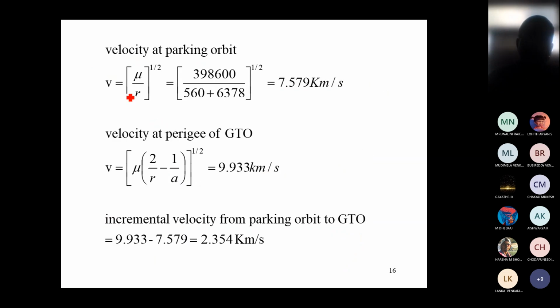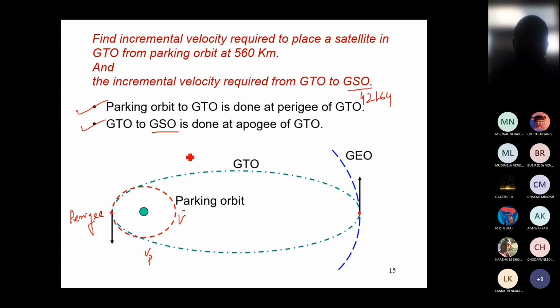When the satellite was moving in parking orbit, we can use the third law of Kepler for circular orbit. We have calculated it is coming around this value. Similarly, for perigee, we have to calculate what is the velocity. This formula we have used is for the elliptical orbit. Here this R is this value, because R is the orbital height, so that orbital height is nothing but from this point to this point.